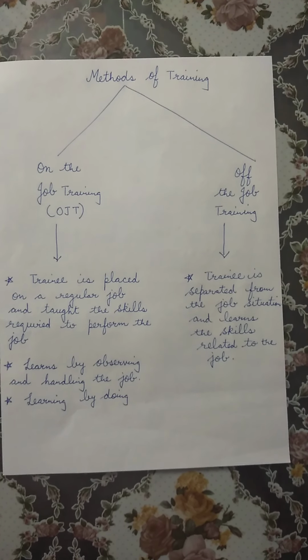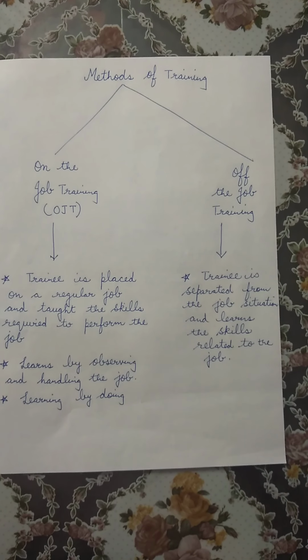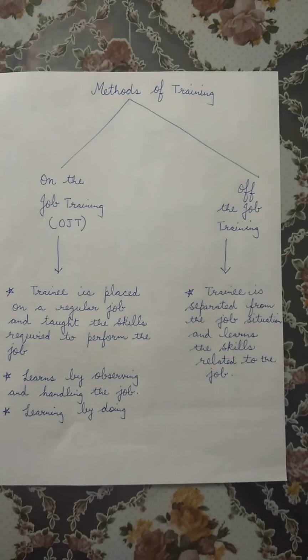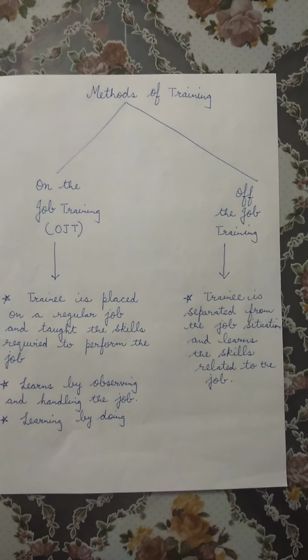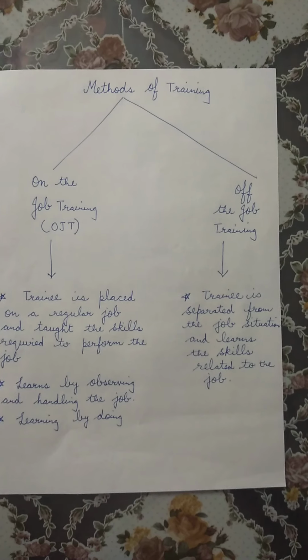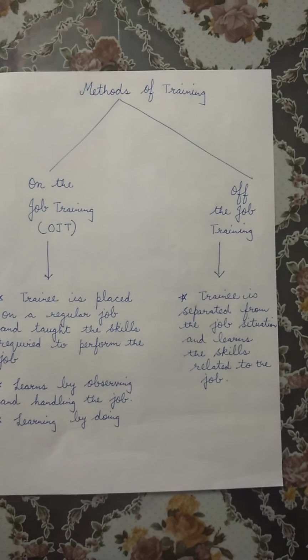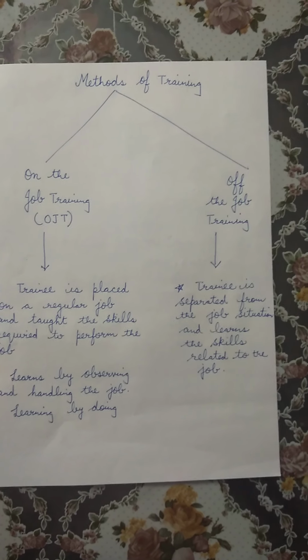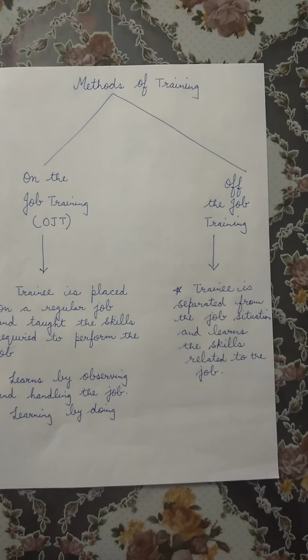This type of training is also known as learning by doing. Why, children? Because it is learning the job by doing it. That is, by performing the task himself. The worker in this case was learning as to how to operate the machines.